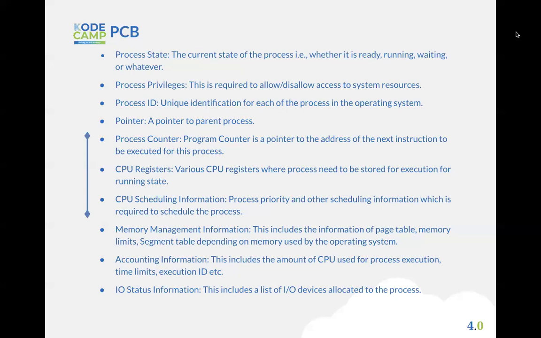The process ID is the unique identifier for the process, so that if the operating system needs to perform some commands on a particular process, it can reference that process through the process ID.